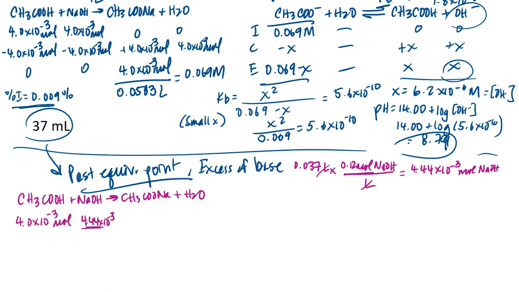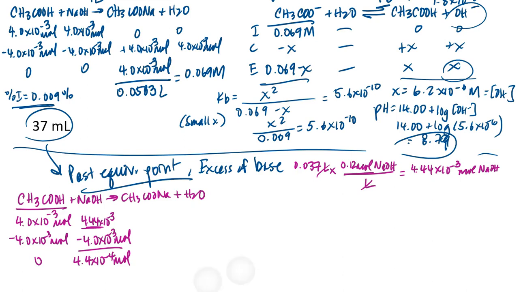If I go ahead and put that in, so 4.44 times 10 to the negative third, all right, that means that the acetic acid is still the limiting reagent. I would subtract out 4 times 10 to the negative third moles of the acetic acid, and eventually I'd end up with 0 moles of acetic acid. If I go ahead and subtract that amount from the sodium hydroxide, then I end up with a quantity of 4.4 times 10 to the negative fourth moles of sodium hydroxide.